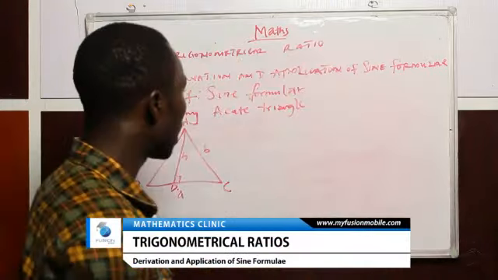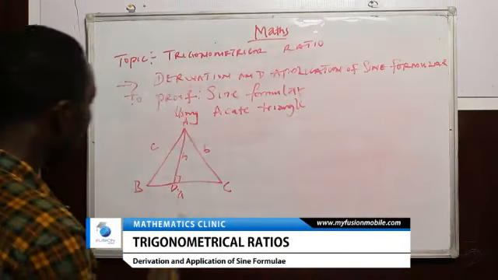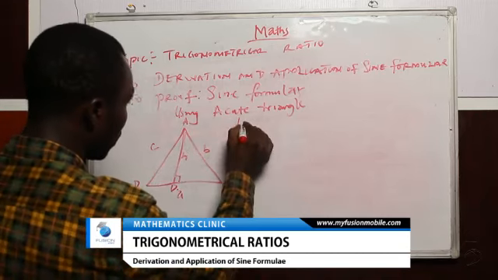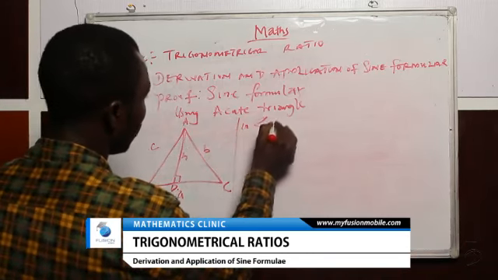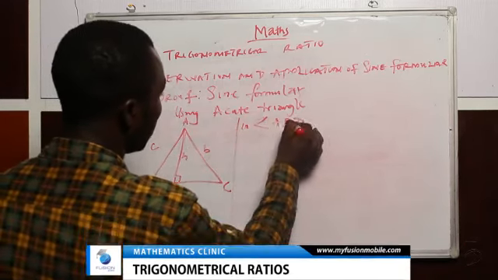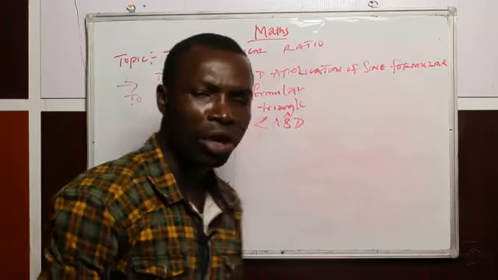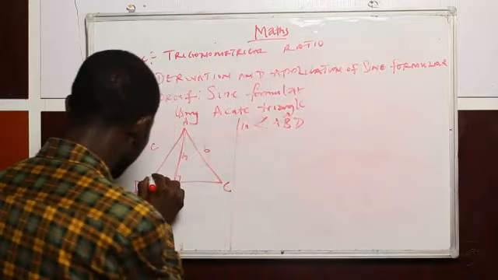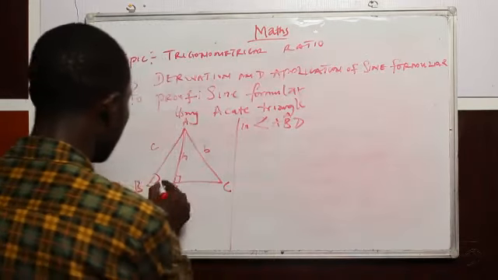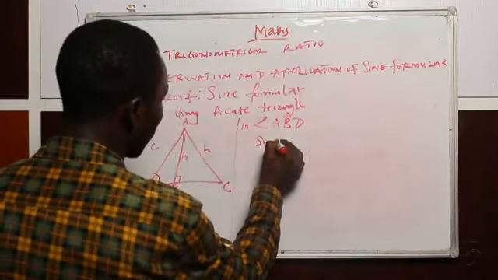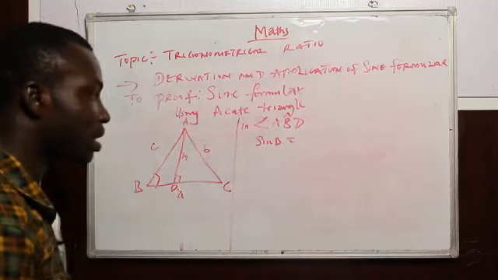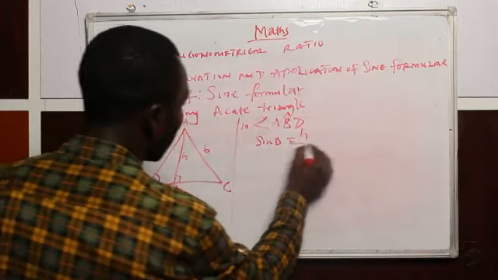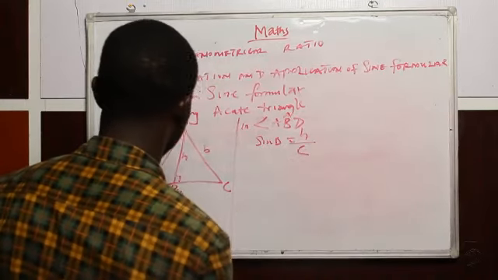In triangle ABD, sine B, because we are considering this angle, is equal to opposite, that is h, over hypotenuse, that is c.